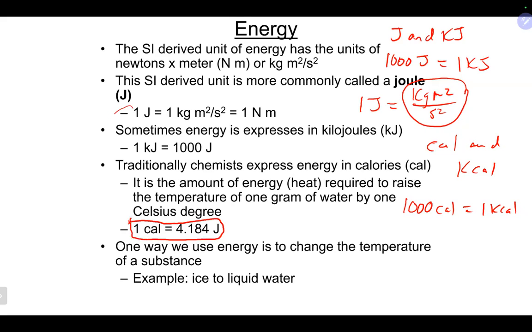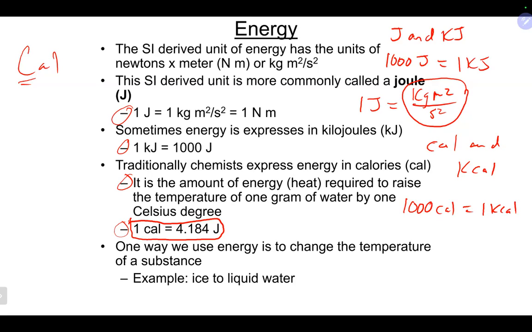By the way, none of these are negative. That's just from PowerPoint, by the way. None of these are negative. So 1 calorie is 4.184 joules. The reason I emphasize that it is a lowercase calorie is because we also will sometimes come across another common unit of energy, which is a capital calorie, capital C. And that is sometimes referred to as a nutritional calorie.